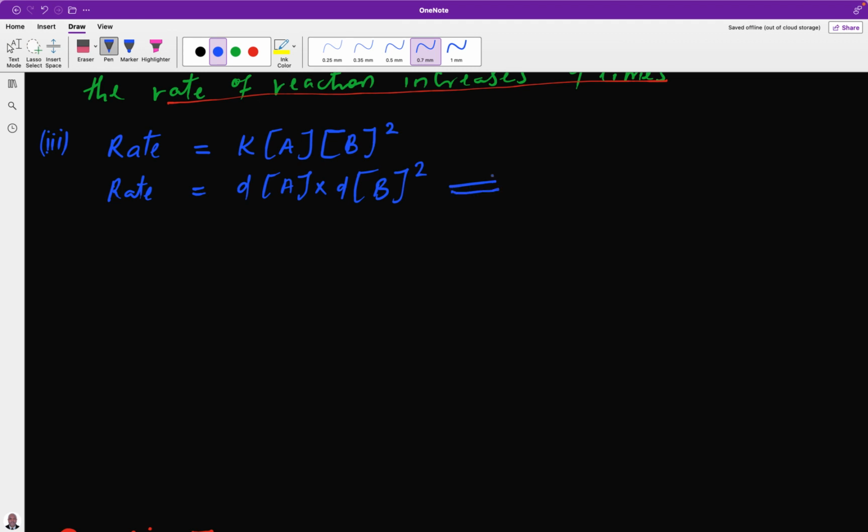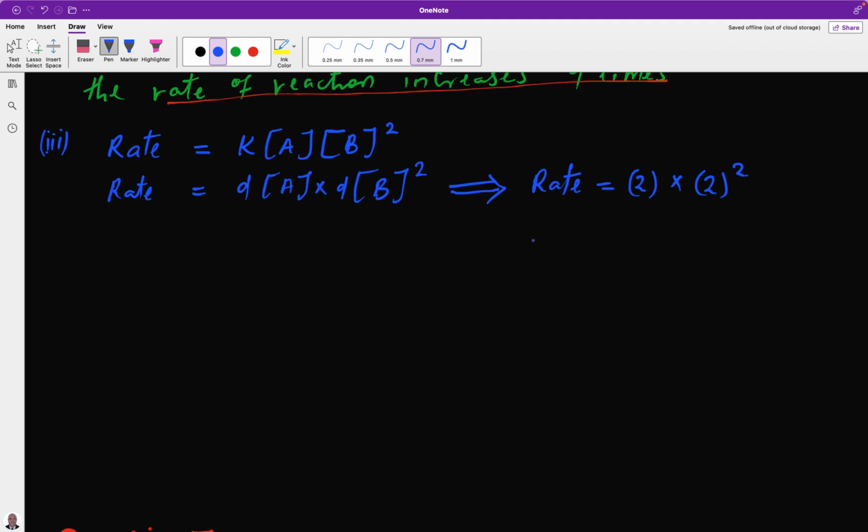The concentration is doubled, both A and B. So now, our rate will be equal to what? A is doubled, so we have 2, times B is doubled, we have 2, but the order of B is 2. It's a square there.